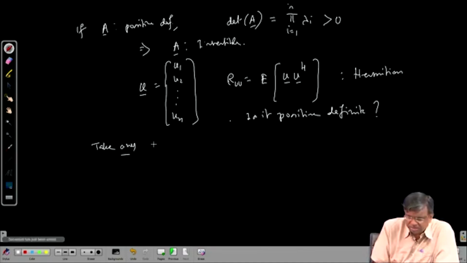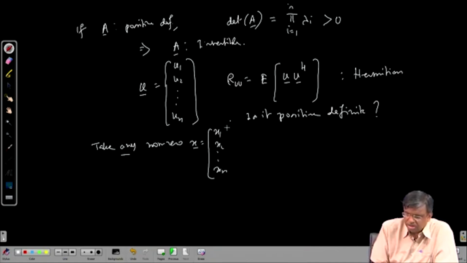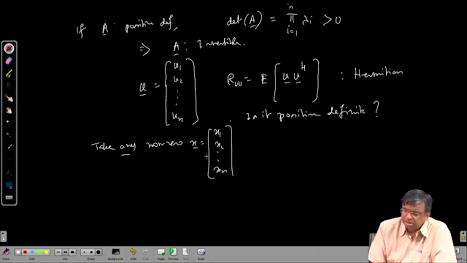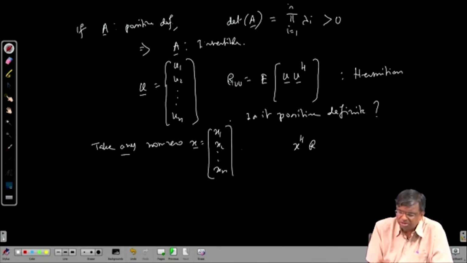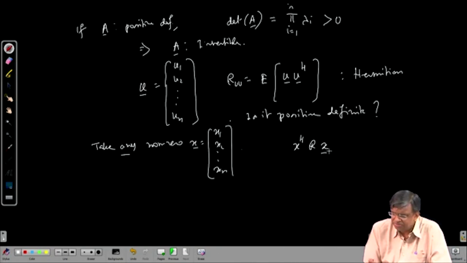So, take any non-zero x as x1, x2 up to xn, meaning at least one element or more than one element will be non-zero. So, non-zero x. Then positive definiteness requires x^H R x, I am not using the subscript, R_UU is the same R. This is real, even if R is complex and x is complex.